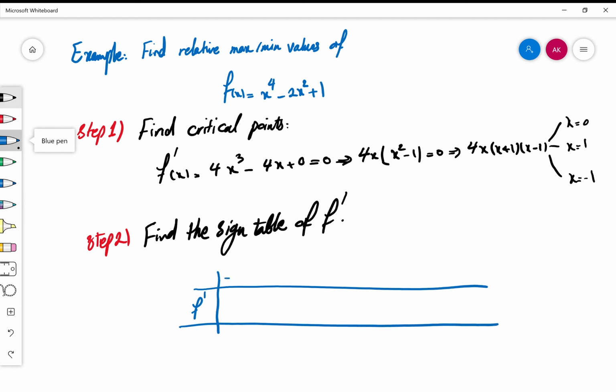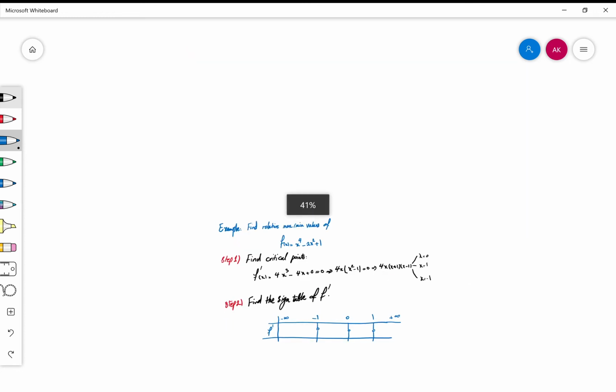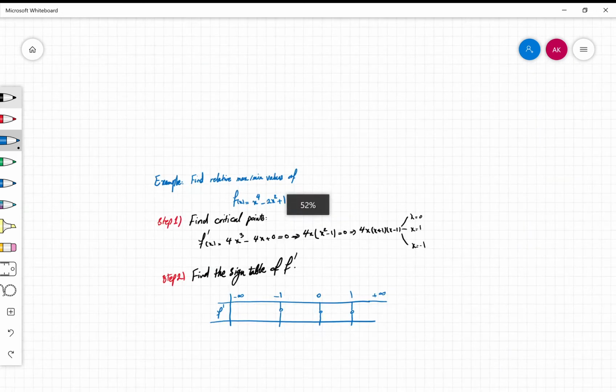So I get from negative infinity to negative 1, and then 0, then 1, and then up to plus infinity. At negative 1, f prime is 0. At 0, it's 0. At 1 it is 0. Those are critical points.